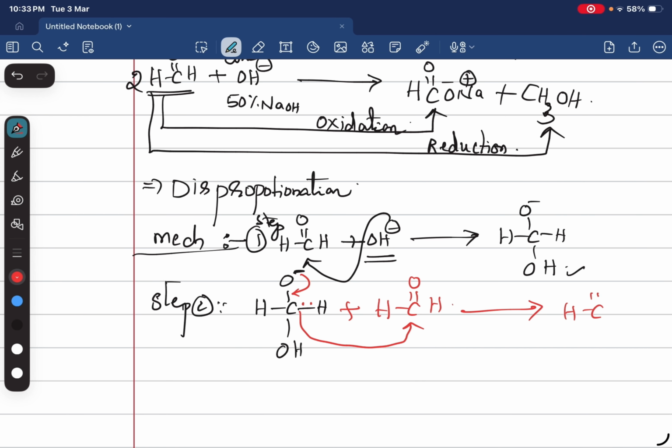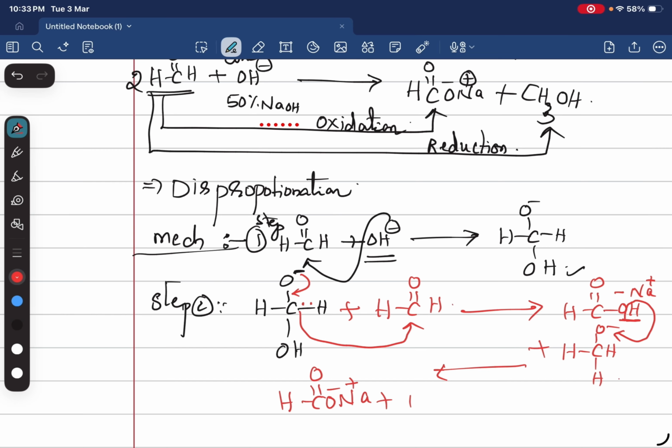We get HC double bond OH and also HCO minus H and then H. So this is an acid, with more affinity for sodium, so it will give Na plus O minus, and that H plus will attack this oxygen. Then the resultant products are HCOONa and the other one is CH3OH. That's how alcohol and salt of acid are formed.